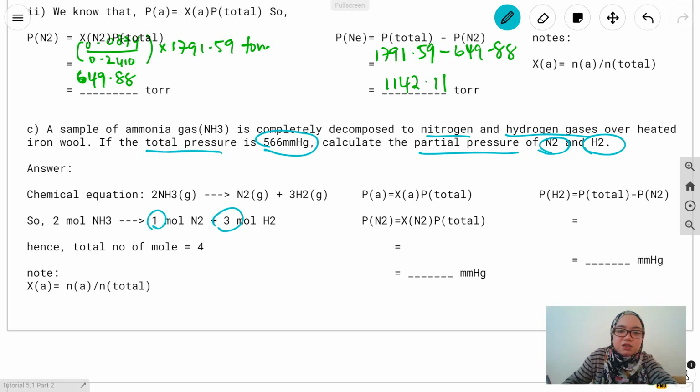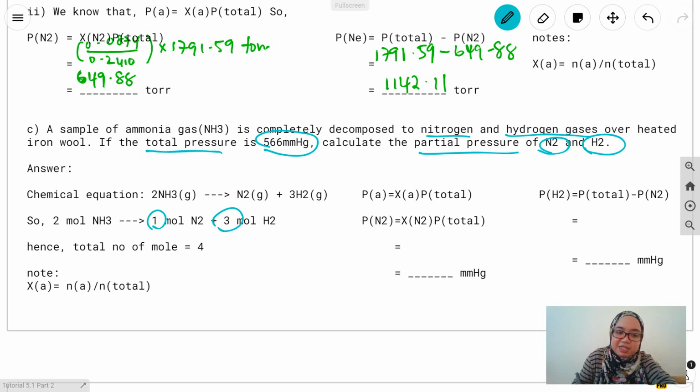So, to find the partial pressure of A, we know that the mole fraction of A times P total will give the partial pressure of A. So having said that, we can use that to find the partial pressure of nitrogen gas. We can find the mole fraction of nitrogen gas times the total pressure. We already know the total pressure. We just need to find the mole fraction.